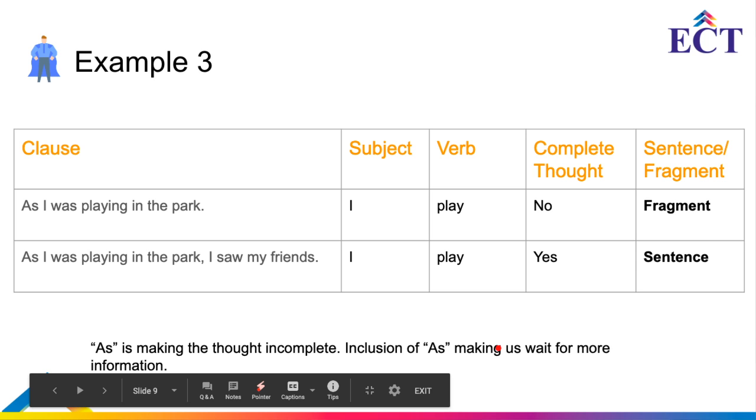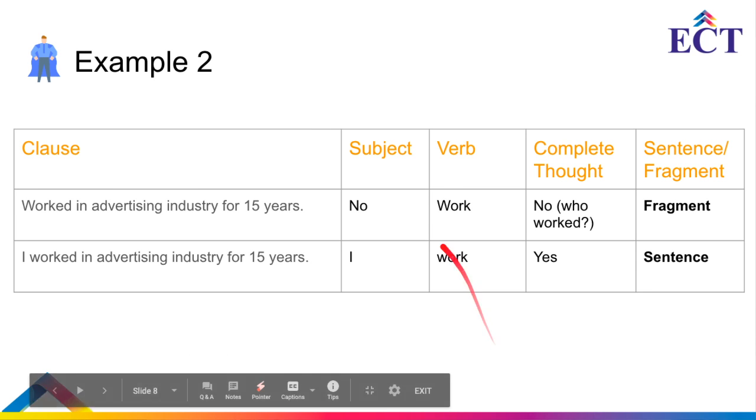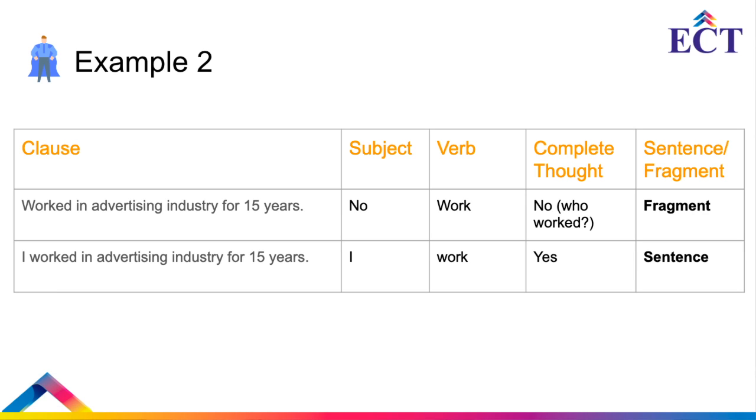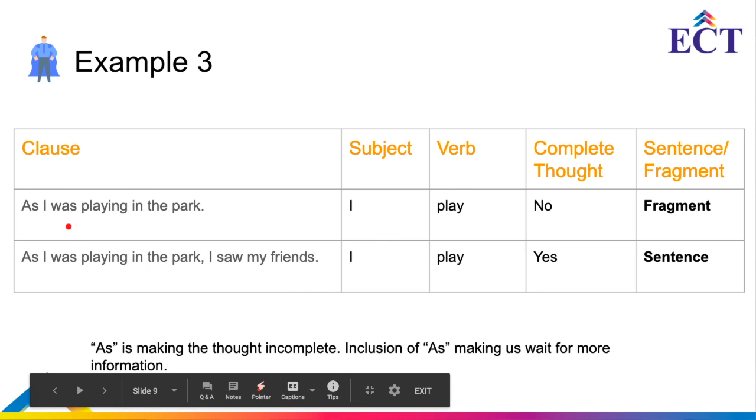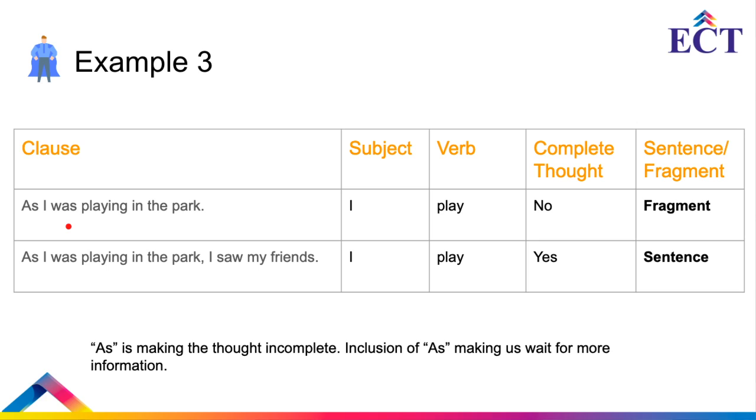So similarly, there are many times, as in this case we saw, that a group of words does not have a subject or verb, and that is why it's not a sentence, it becomes a fragment. However, remember one thing: even if a group of words has a subject as well as a verb, it can well be a fragment. Let's see this example. As I was playing in the park. Now what?